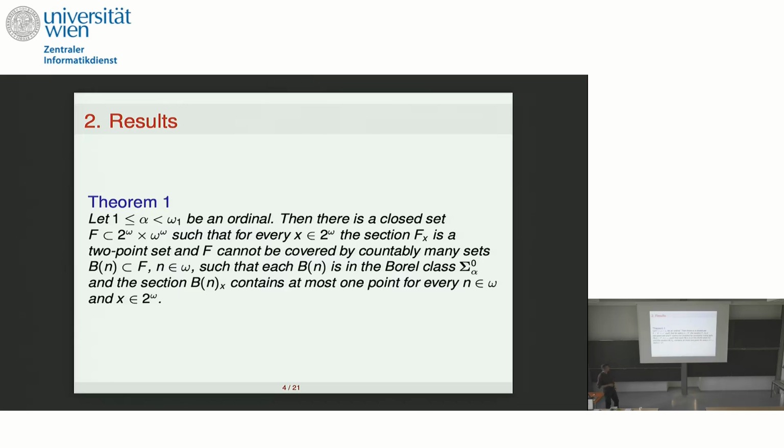And F cannot be covered by countably many sets Bn, which are contained in F, such that each Bn is in the Borel class sigma 0 alpha, and the section Bn x contains at most one point for every n and x. So this excludes the possibility of a quantitative version of the Luzin-Novikov theorem.